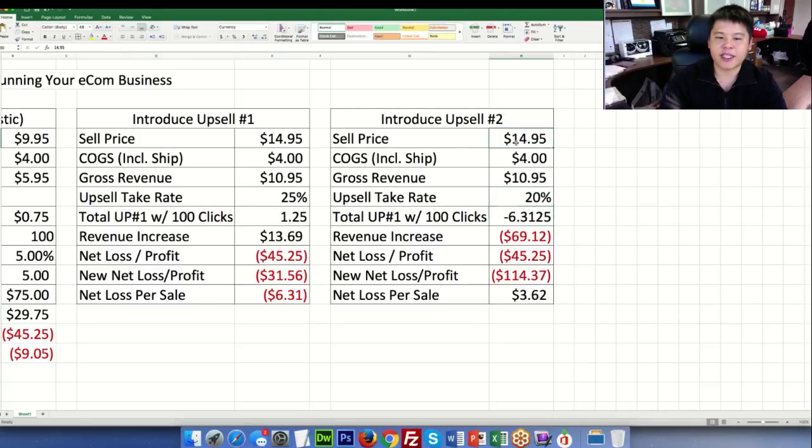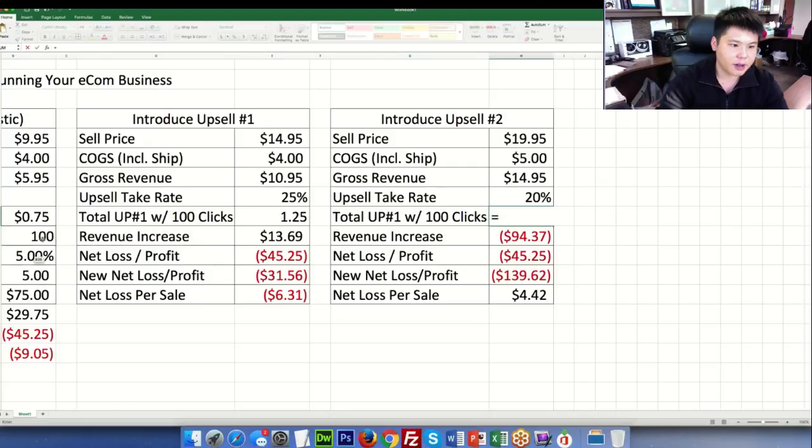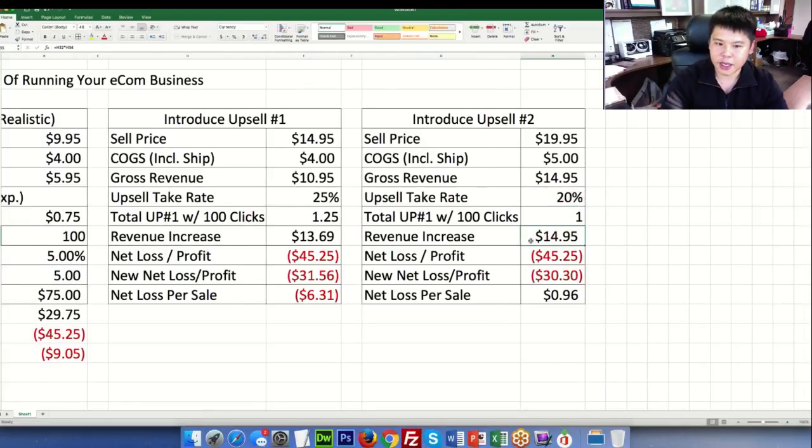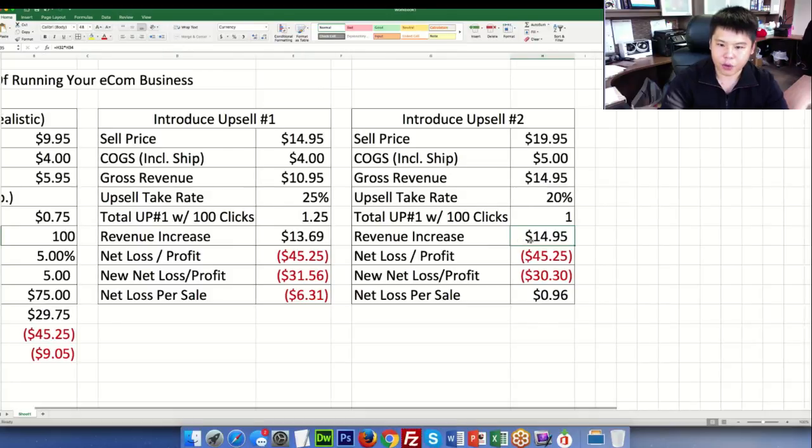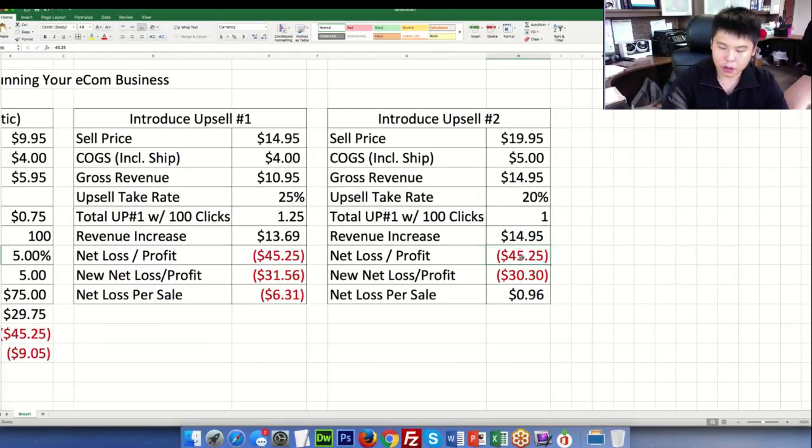Okay. And let's say that your sell price for another product, where you want to incrementally go up when it comes to upsell, is $19.95. Your cost of goods, let's say you sell a little bit more expensive, and the upsell take rate for this, 5 multiplied by 20%, it's going to be $14, and your previous is this.